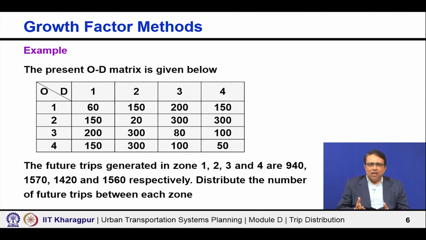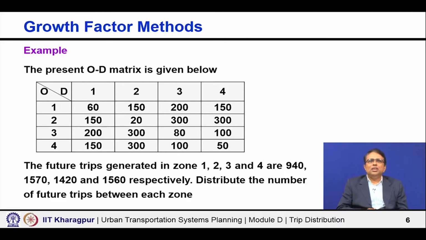What is the attraction for zone 2? Let us say 150 plus 20 plus 300 plus 300. Like that, the present productions and attractions for these 4 zones are known.